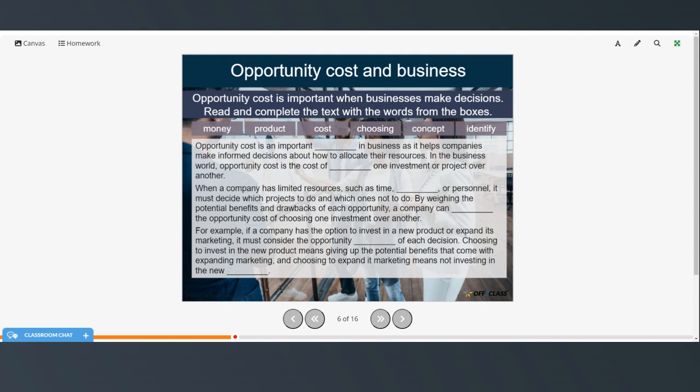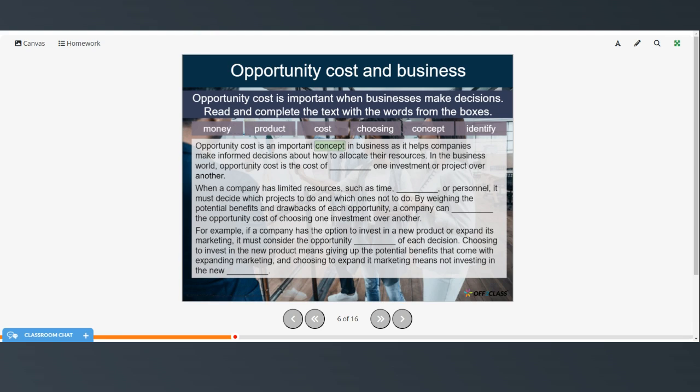So opportunity cost is important when businesses make decisions. So we're going to read and complete the text with the words from the boxes. So opportunity cost is an important concept in business as it helps companies make informed decisions about how to allocate their resources.